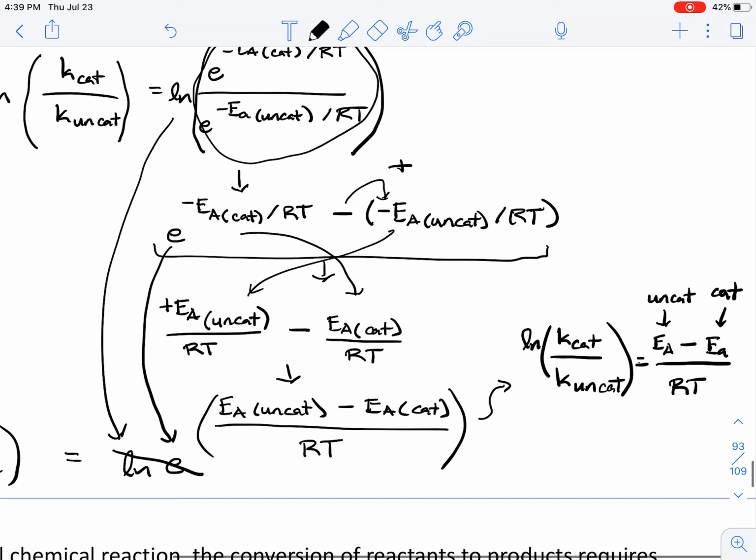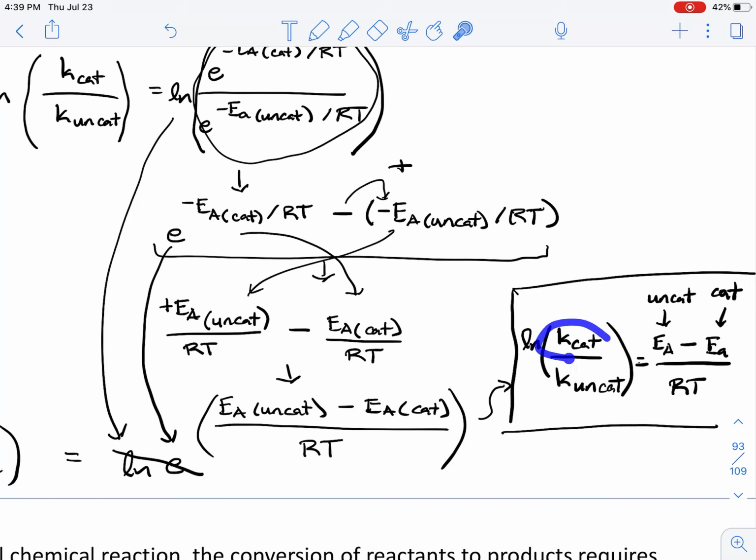And so now we have this beautiful equation that if we know, for instance, k cat and k uncatalyzed, and perhaps the activation energy for the uncatalyzed reaction, we can determine what the activation energy is for the catalyzed reaction if we know the temperature, something like that.